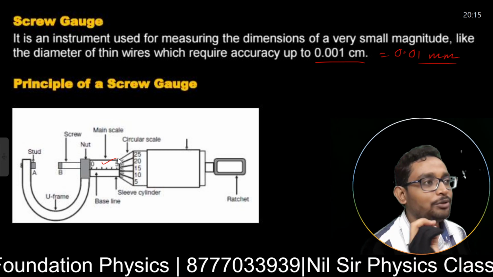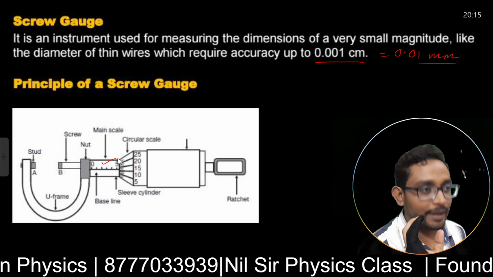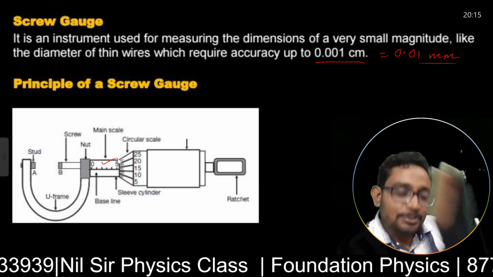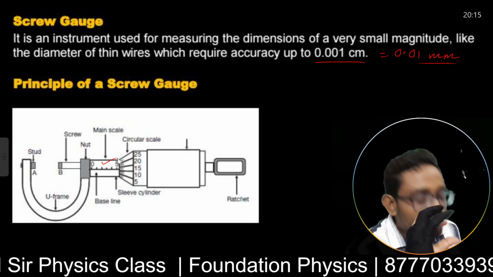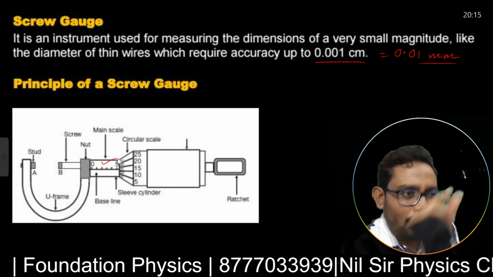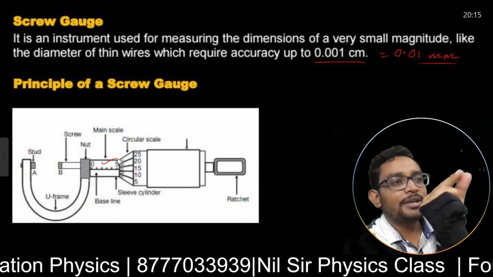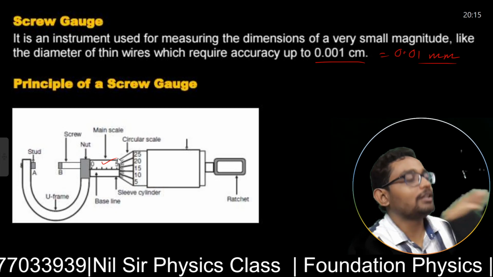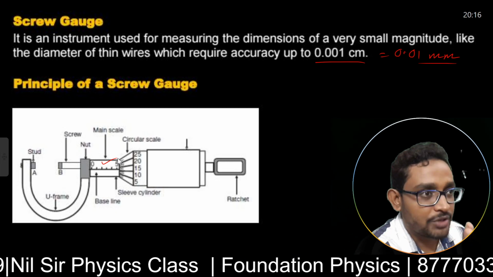From that coinciding point you will find the circular scale reading, and you will see which main scale division it is setting at. The minimum main scale you can actually observe will give the main scale reading.